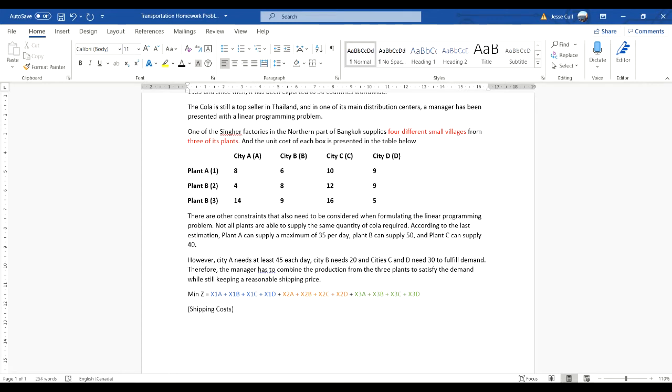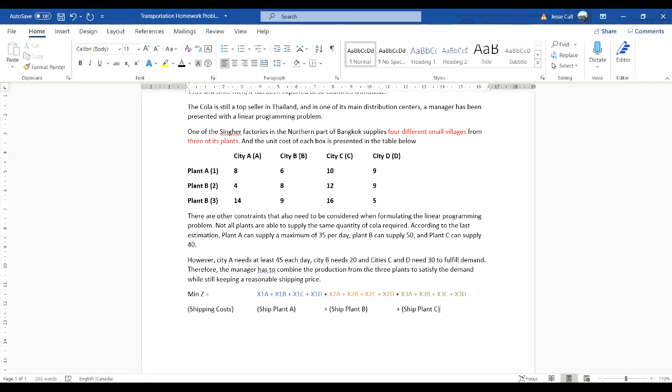This isn't necessary, but it might help us see our situation a little bit more clearly. This is ship plant A plus ship plant B plus ship plant C.